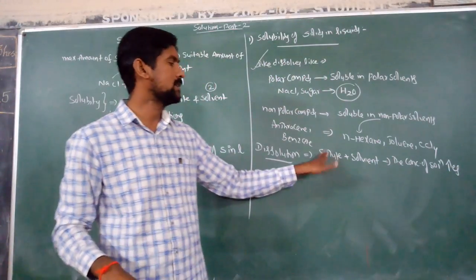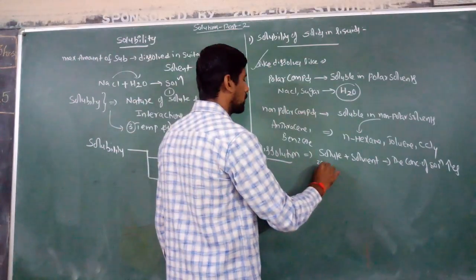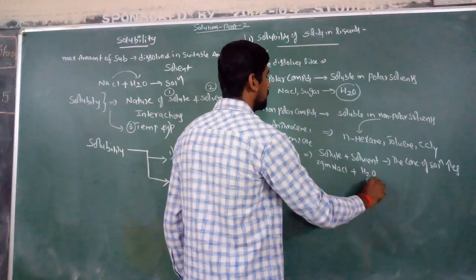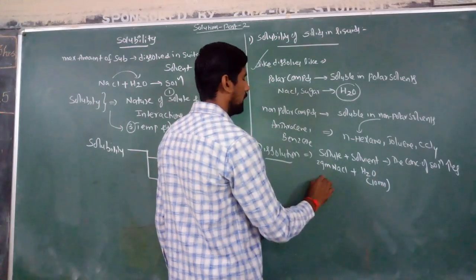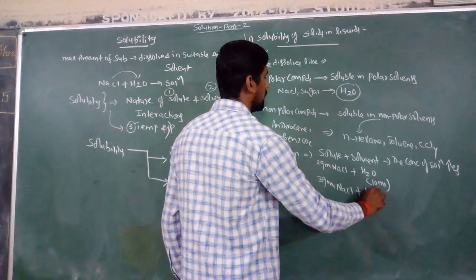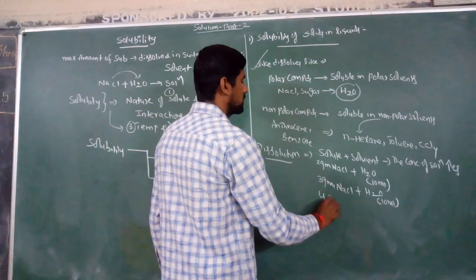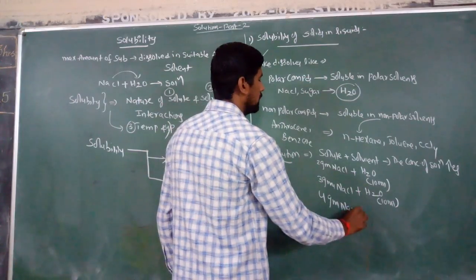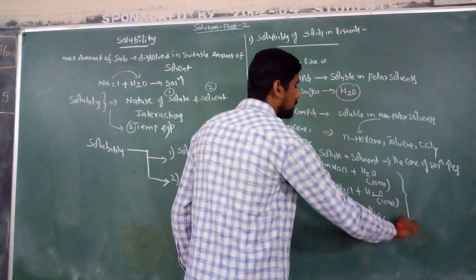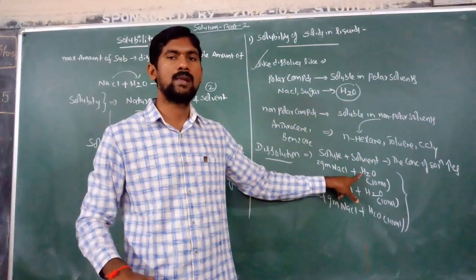When a solute is gradually added to solvent, for example, 2 grams of sodium chloride is added to 10 ml of water, and 3 grams of sodium chloride is added to 10 ml of water.